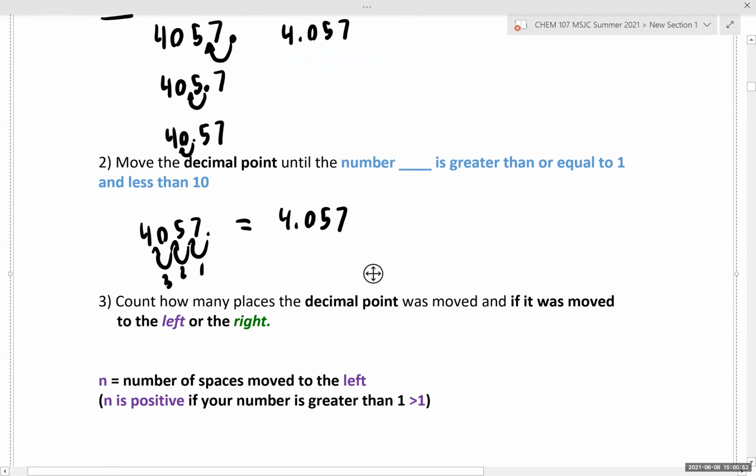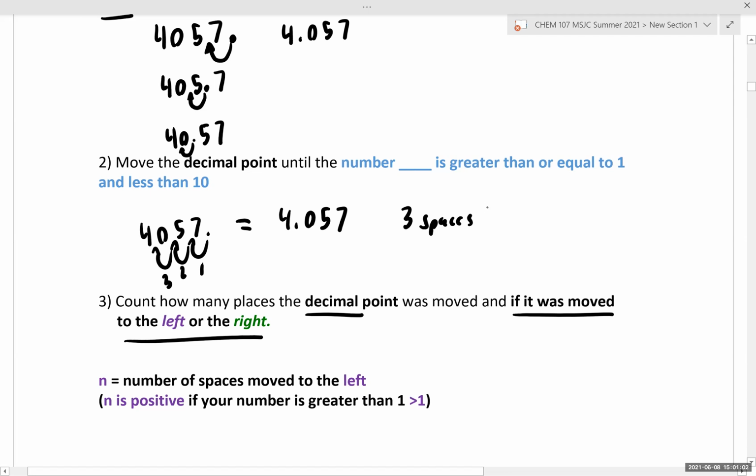Now we count how many places the decimal point was moved and whether it was moved to the left or to the right. In this case, we moved our decimal point 3 spaces to the left.